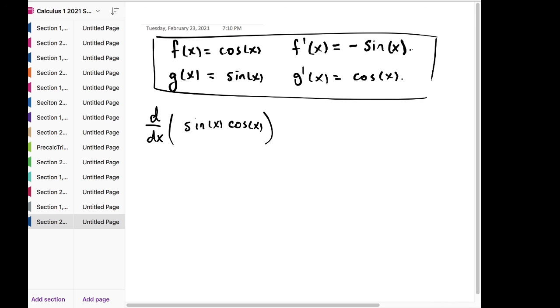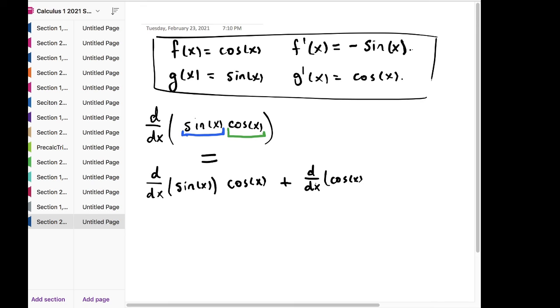Okay. So what does the product rule say again? It's the derivative of the first function times the second function plus the derivative of the second function times the first function.